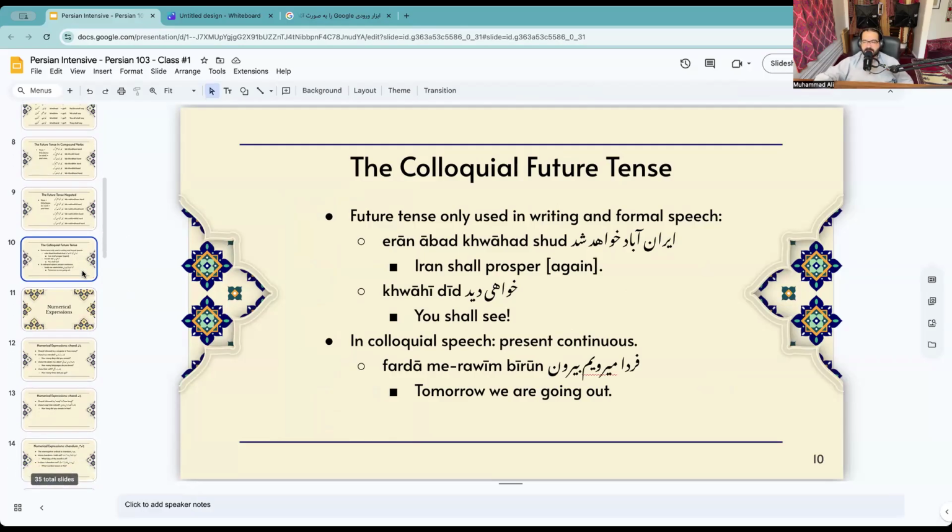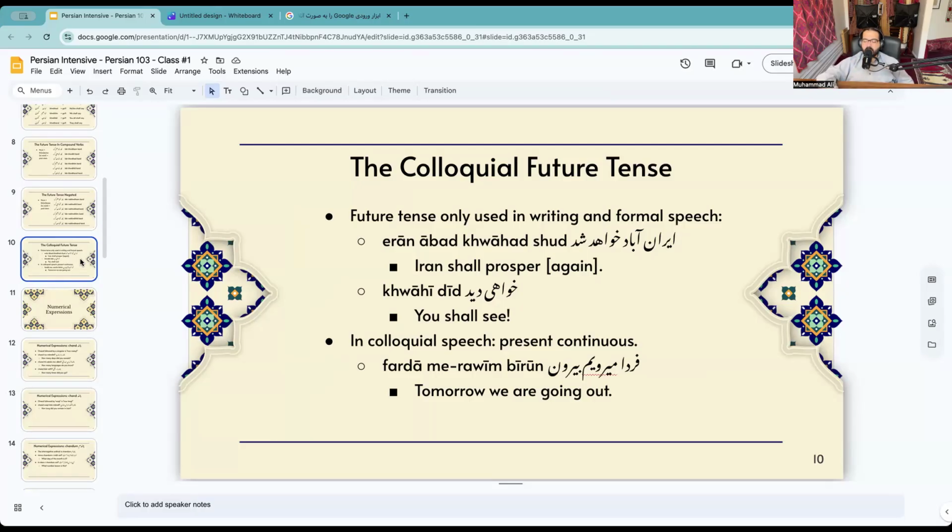So if we don't tend to use this in colloquial speech, how do we talk about the future tense? It's actually the same way as in English. What you do is you indicate the time in the future and you use the present continuous. So in English, you could say, we shall go out tomorrow, but you'll probably sound like a British posh lord or something like that. No one would say that here.